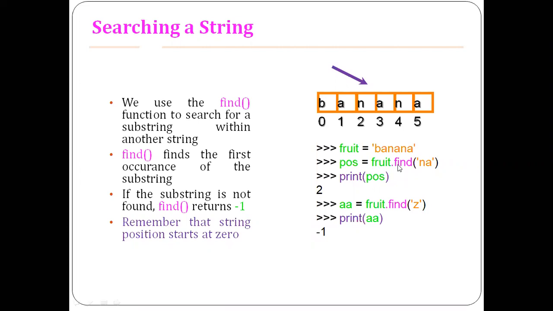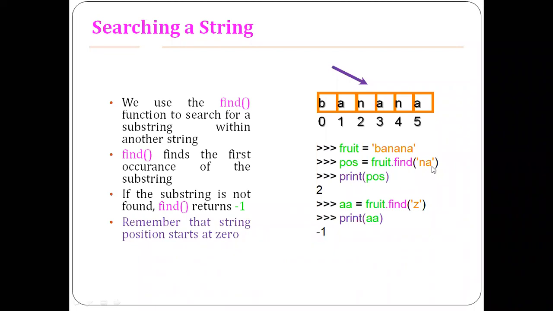So I'm searching for a substring, that is na, in a given string called fruit. I just wanted to know whether na, which is nothing but a substring, is present in the string fruit or not. If the substring is present in the string, it will return the first index of the substring within the given string, right?